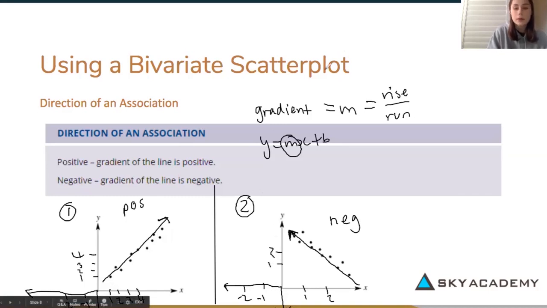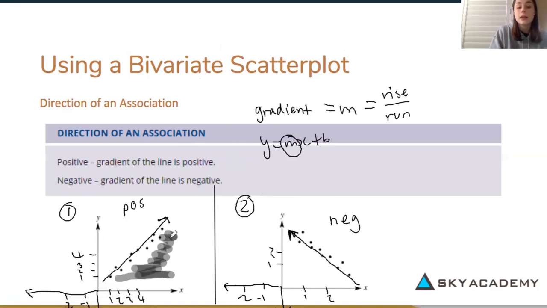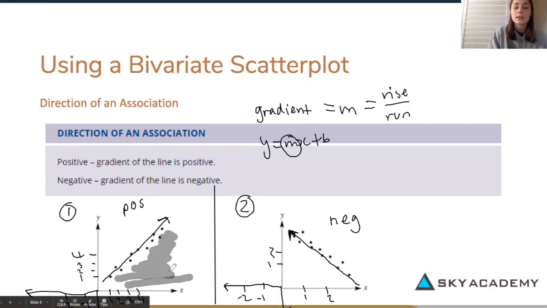And so for a positive direction, if you highlight underneath the line, the values will be traveling along the x-axis towards the positive values.